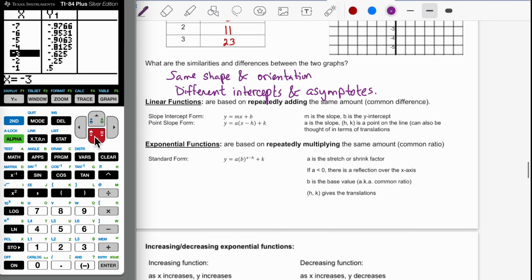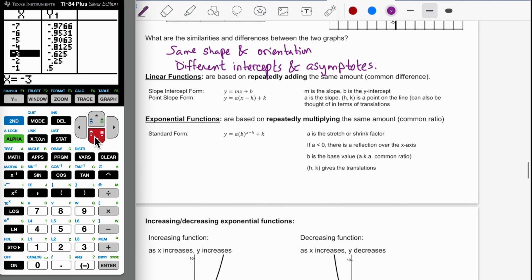So asymptote, again, is a line that the curve is approaching, and it's not going to get there, but it's approaching it. It's getting closer and closer, but it'll never actually intersect.